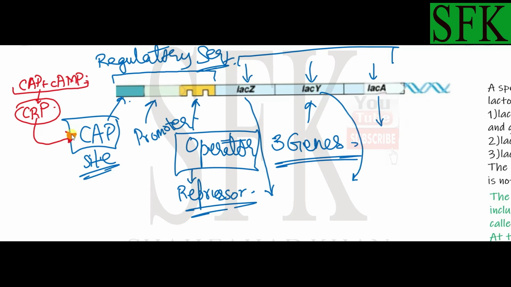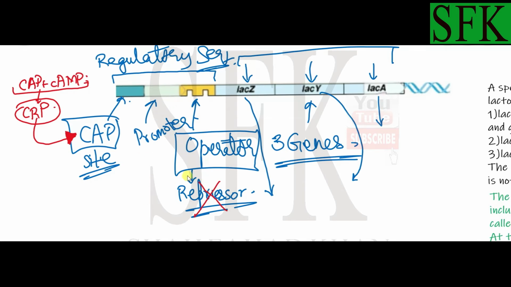So if transcription needs to be activated, this cap site must be full, bound by the CRP complex, and the operator site must not be bound by the repressor molecule. The repressor molecule must not be present at the operator site.